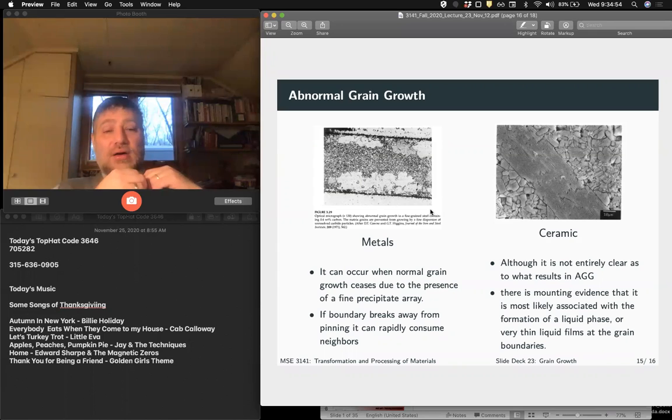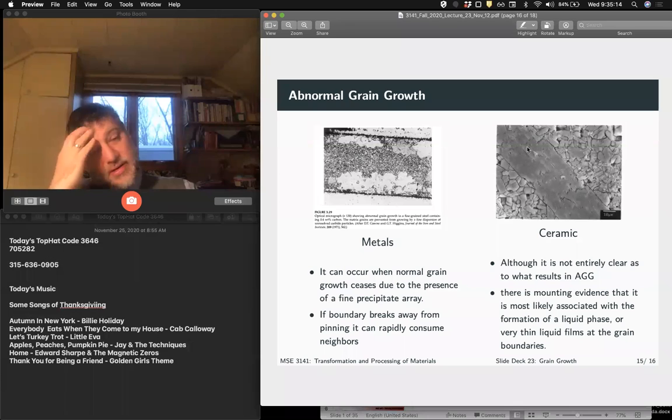There are also cases where, like in the ceramic, you get a composition where you get a little bit of liquid, right?